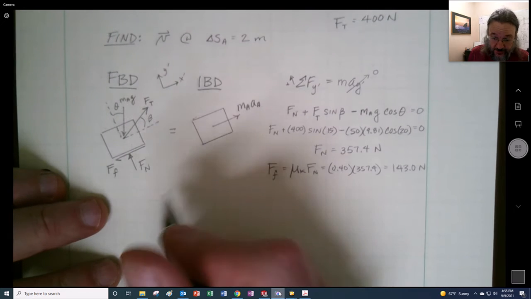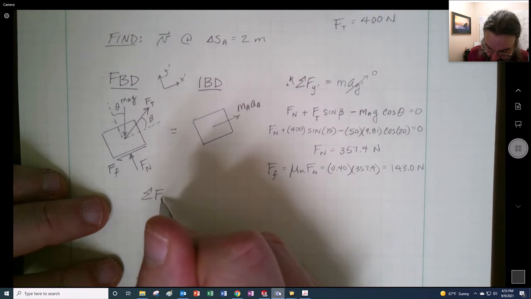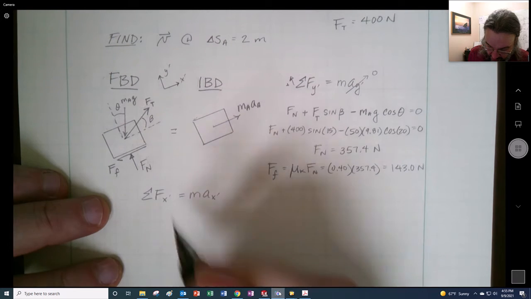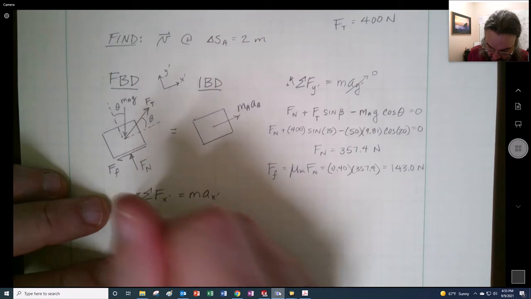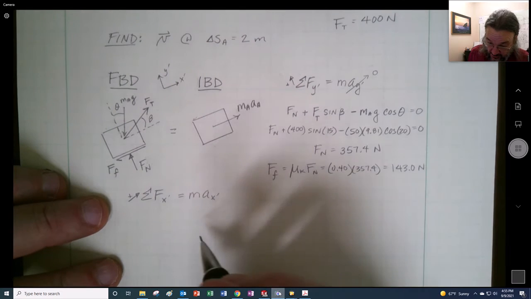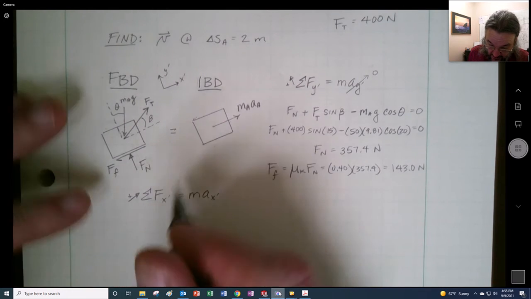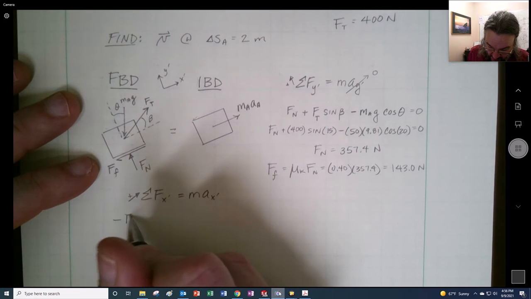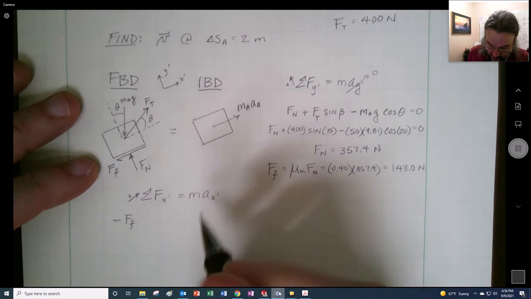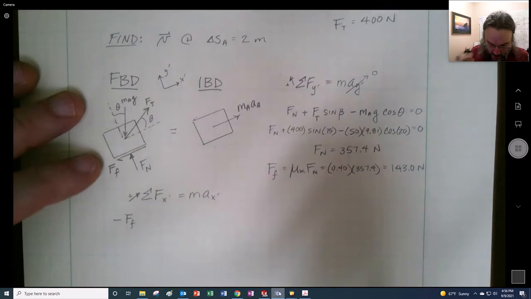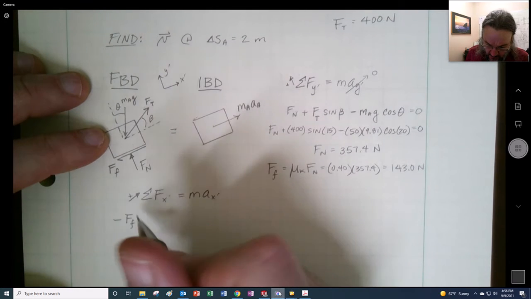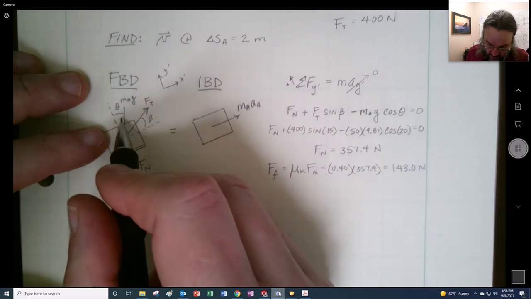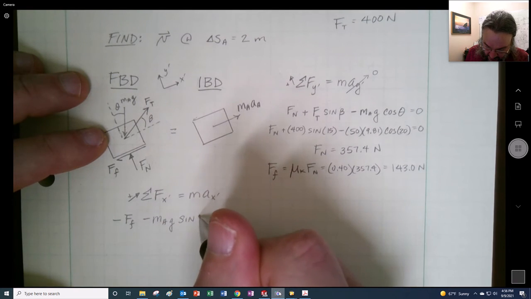I'll just shift over here a little bit. Sum of the forces in the x prime direction equals mass times acceleration in the x prime direction. Positive is up the slope right there. And so on the left-hand side, we're going to have negative F, right? We're going to have a negative mg times the sine of theta.